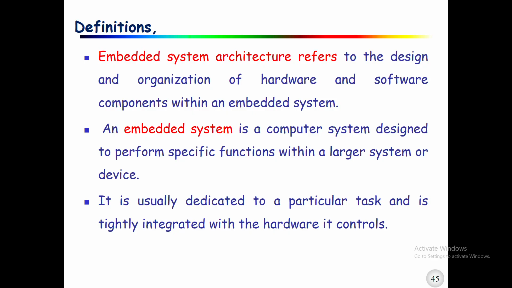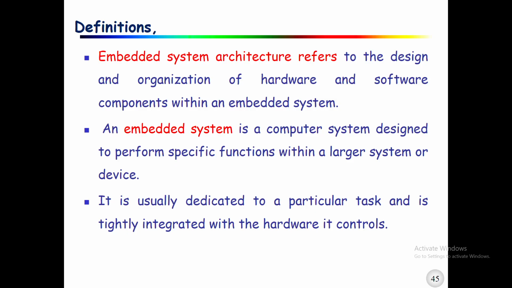When we start with definitions, obviously we have defined embedded system previously, and now we'll see embedded system architectures, which refers to the design and organization of different hardware and software components within an embedded system.